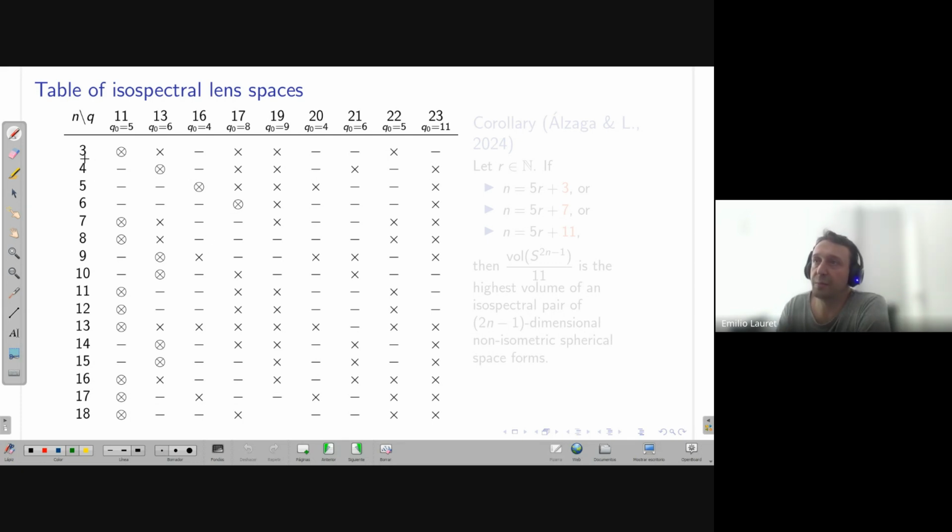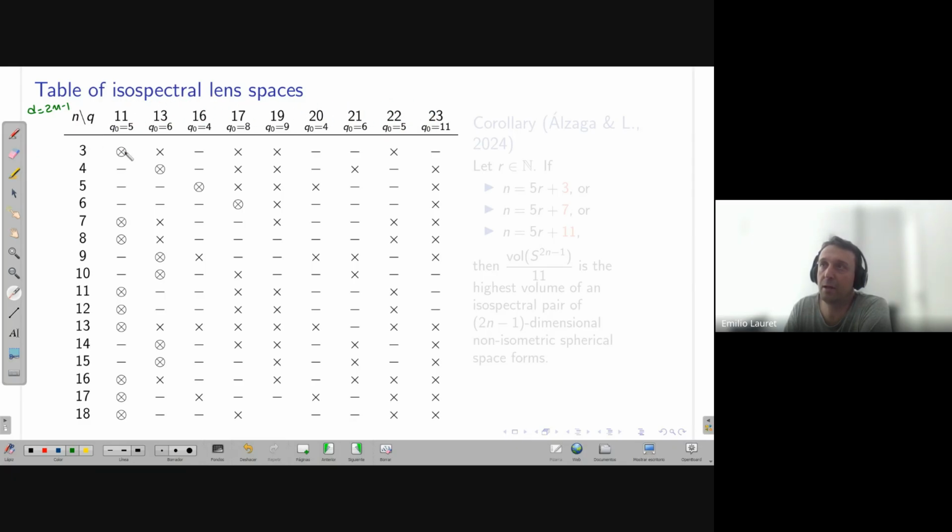Let me explain a little bit the table. Here is n. N is the number of coordinates. Remember the dimension is 2n minus 1. And here comes the q, okay, the number of elements of the fundamental group.